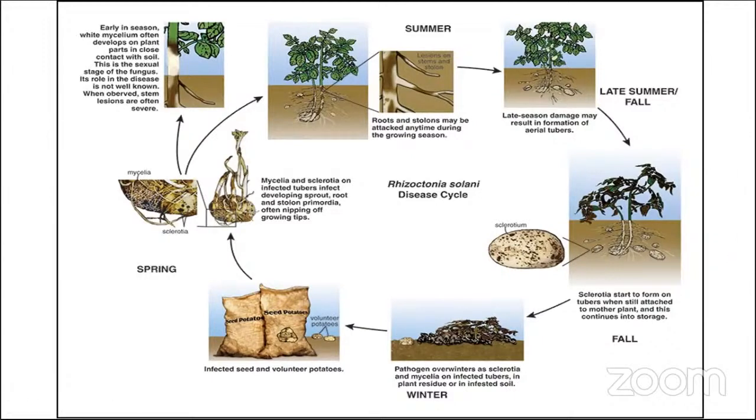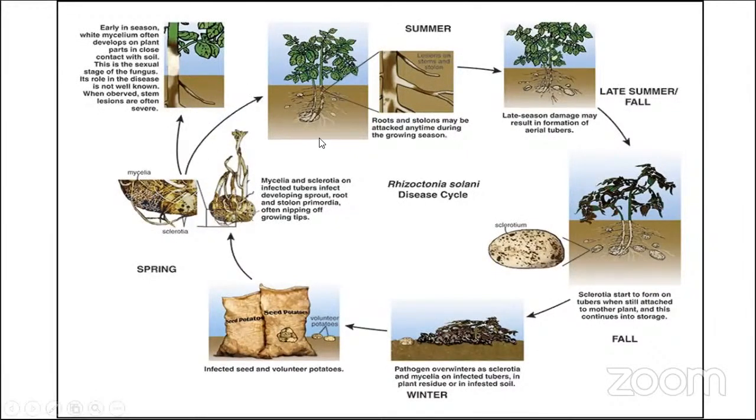During the spring season, the mycelia and sclerotia on the infected tubers start germination on the developing sprouts. Initially, on the developing sprouts, root and stolon primordia, it often nips the growing tips of the potato, and then it causes the infection.